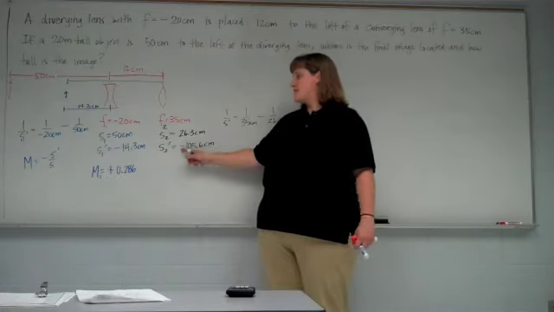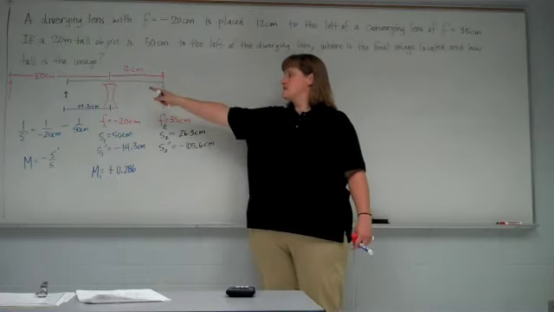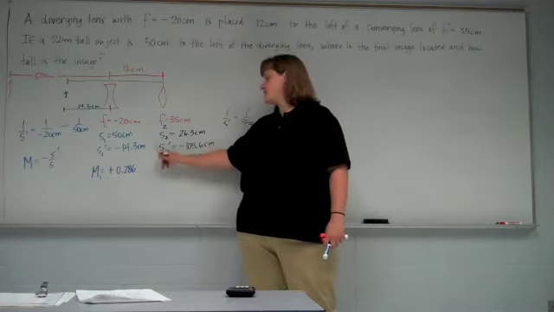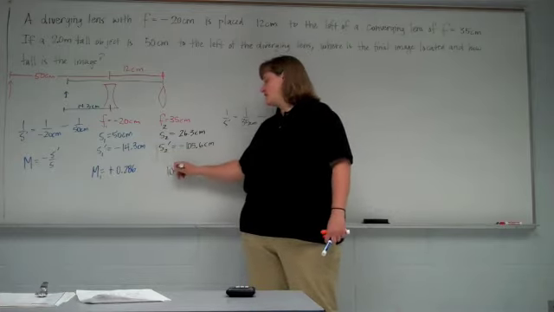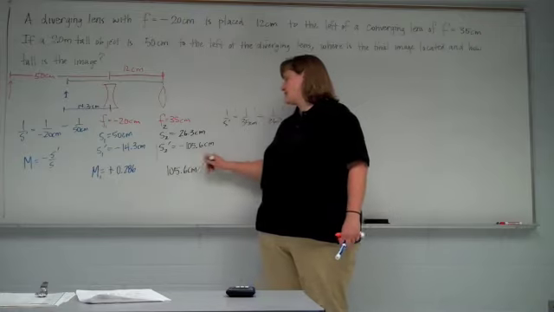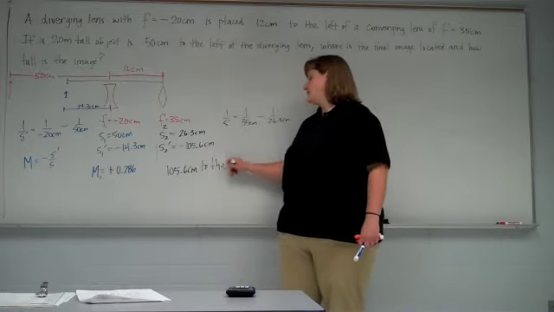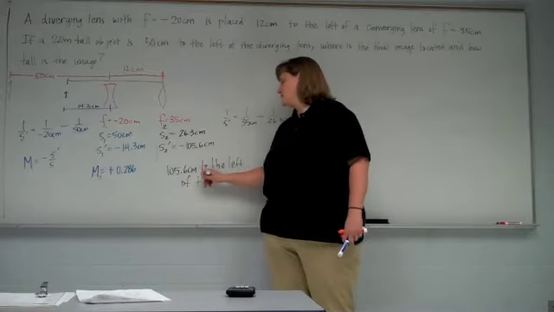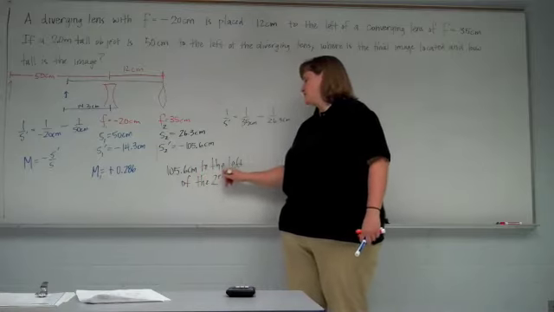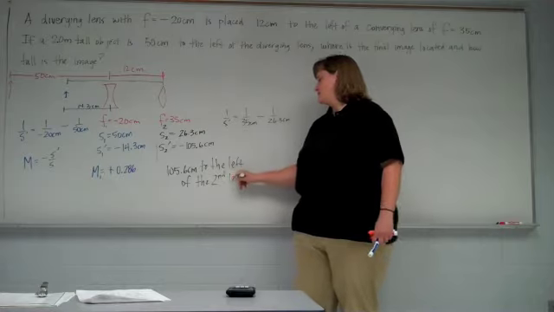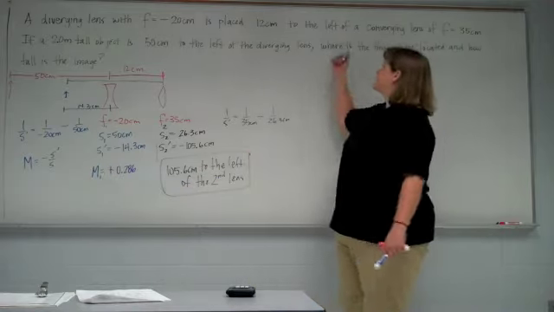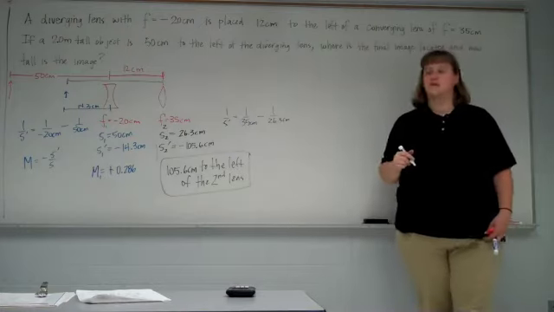So negative sign means it's on the left side of this lens. It's 105 centimeters away. So that's the image. So we could say 105.6 centimeters to the left of the second lens. That answers the first part of the question, where the final image is.